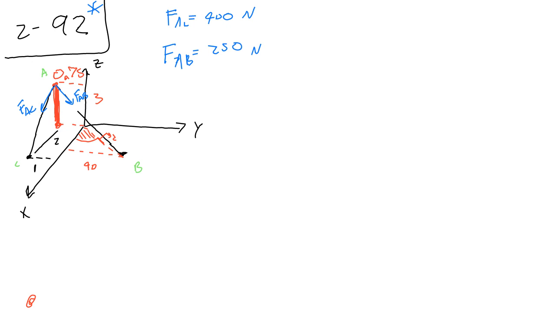The question asks, express each force in Cartesian vector form and determine the magnitude and coordinate direction angles of the resultant force. Okay, so we want to write F1 and F2 in terms of vectors, but they give us the magnitudes.